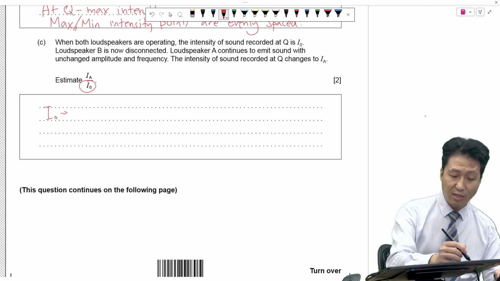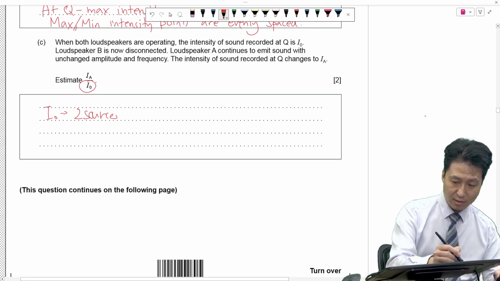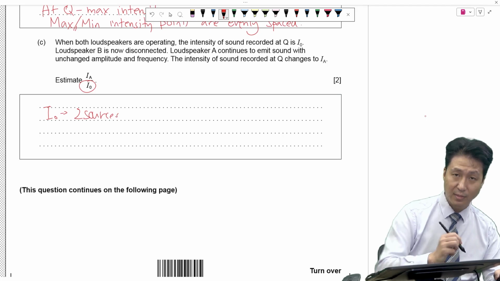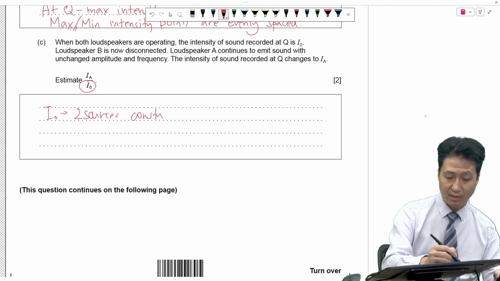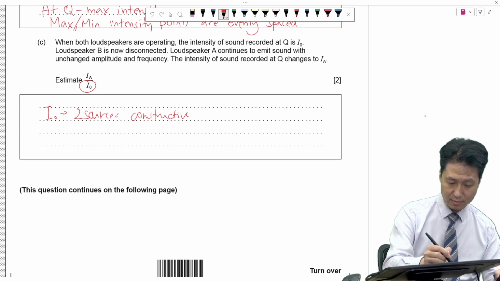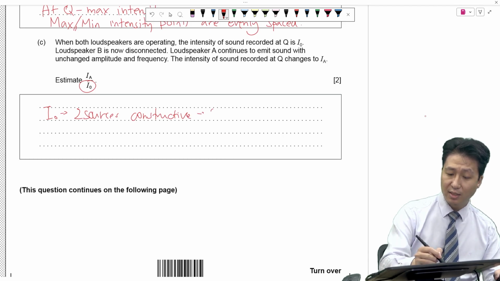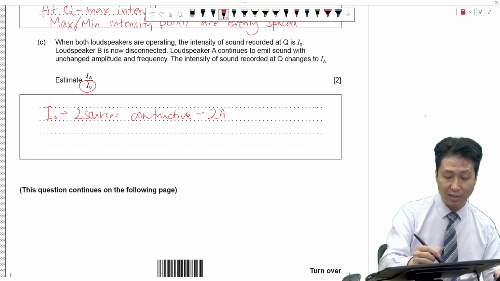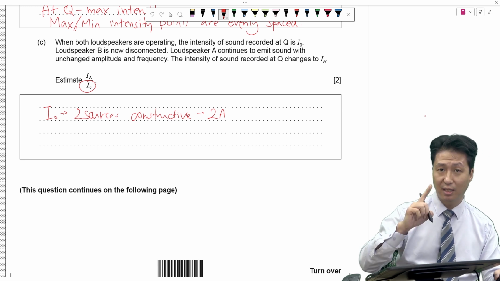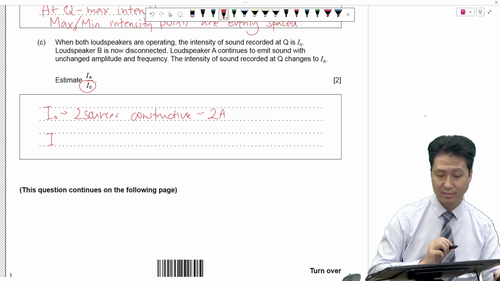At I0, you have two sources which are constructively interfering, which means that the amplitude of the wave here is 2 times the amplitude of a single wave.